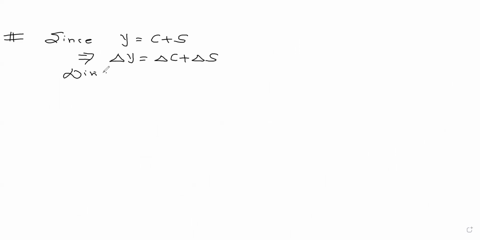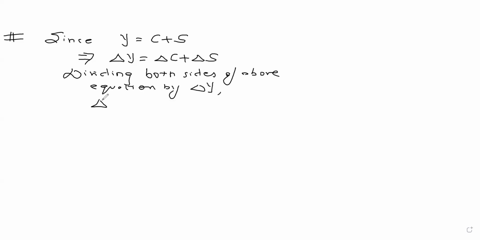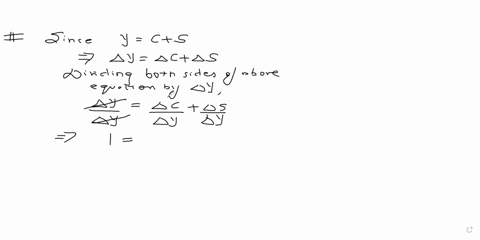Dividing both sides of the above equation by delta y, I get delta y by delta y as delta c by delta y plus delta s by delta y. Now delta y cancel, I get 1.